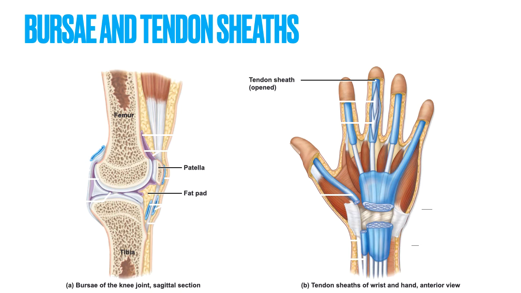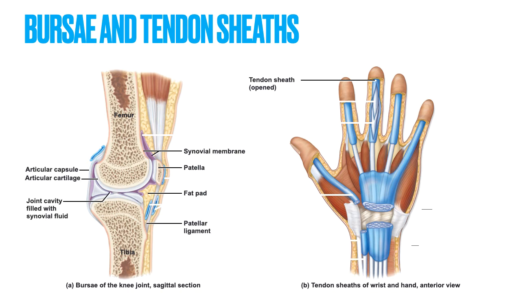Here we are looking at some more synovial joints. We're going to start with the knee on the left. We can see several features that were present in the previous slide: the synovial membrane, the articular capsule, the articular cartilage, and the joint cavity as well.